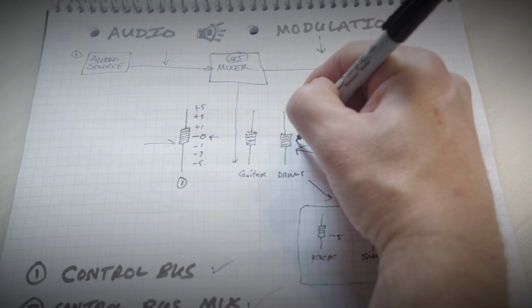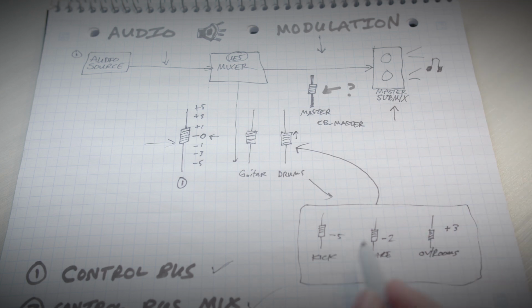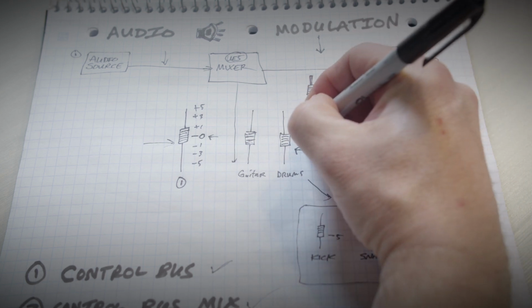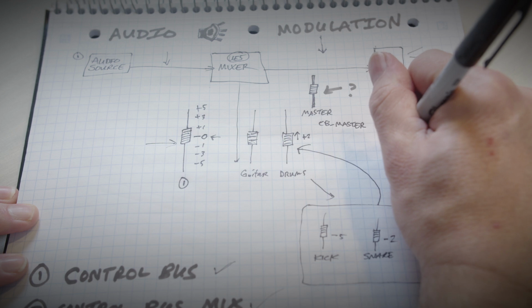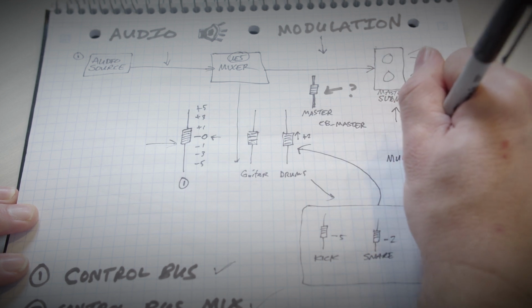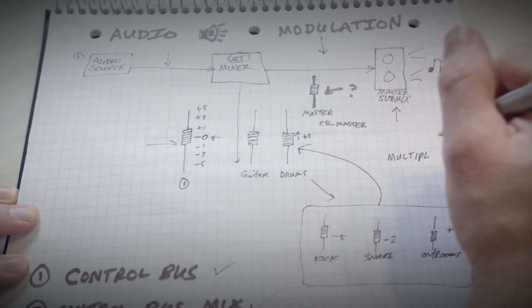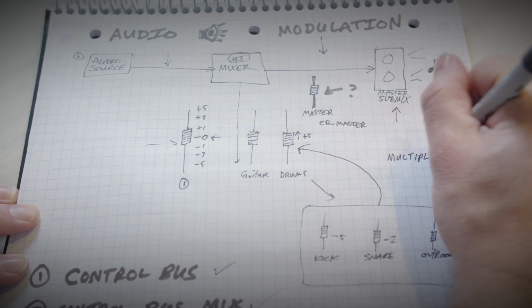So as we turn drums up, it would relatively turn each of these up. If we turn this drums bus up +2, it would add +2 to all of these. And so in the Unreal Engine, and this is a really important concept, that's called multiplication or stacking.